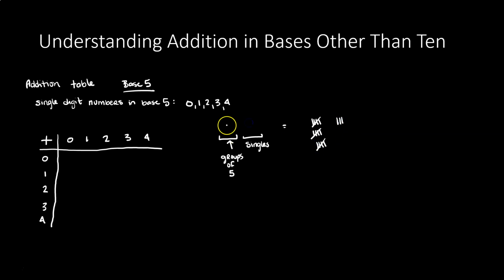If I had the numeral 1, 2, that's not 12, that would look like 1 group of 5 and 2 singles. In base 10, that looks like the number 7, but in base 5, that same value is represented by 1, 2, base 5.